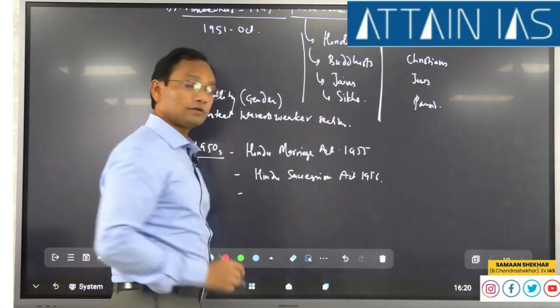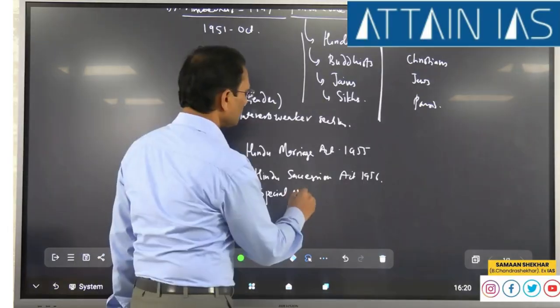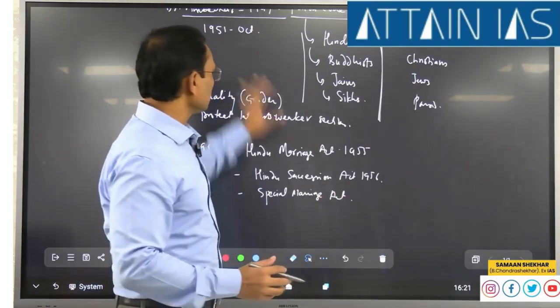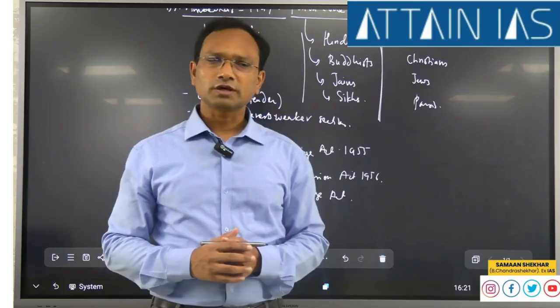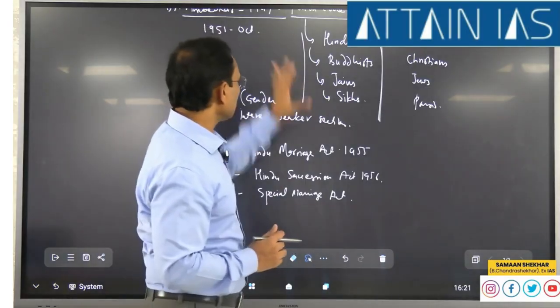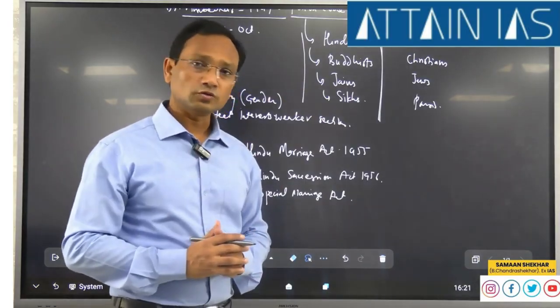Then we also had the Special Marriage Act. These are the acts which incorporated most of the features of equality and protection of the interests of women, particularly, that were there in the Hindu Code Bill.